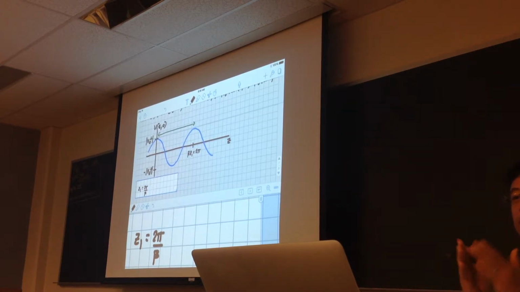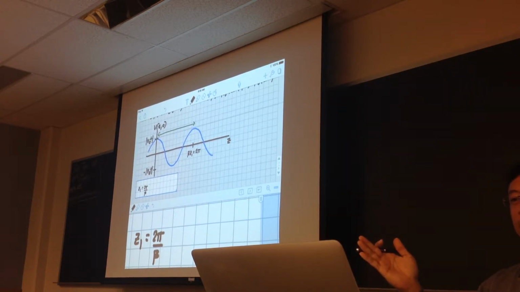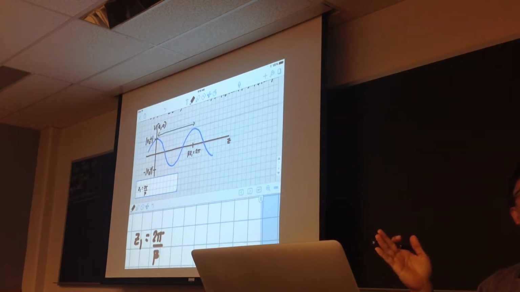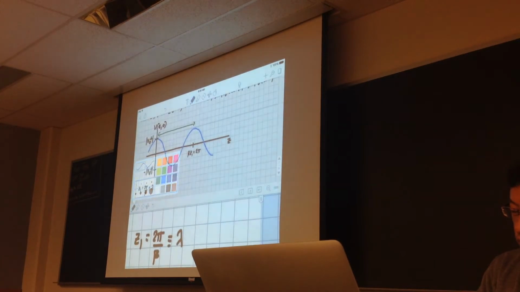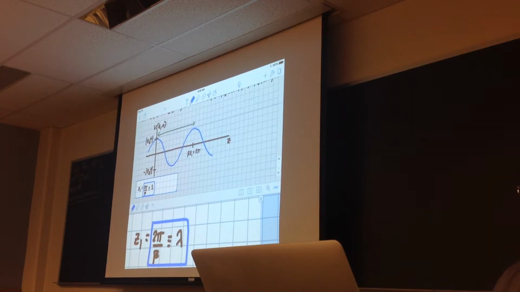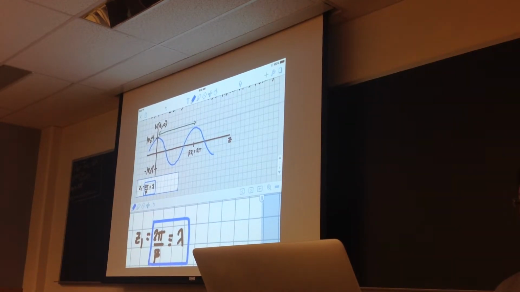Z1 now is the distance between peaks, and a better name for that is the wavelength. And we're going to use lambda to represent the wavelength of this wave. So when we compute beta, the pure imaginary part of the complex propagation constant, if you take 2 pi and divide by beta, you're getting the wavelength of that wave, the periodic wavelength.